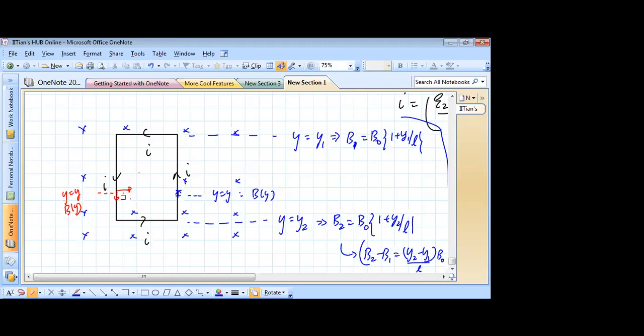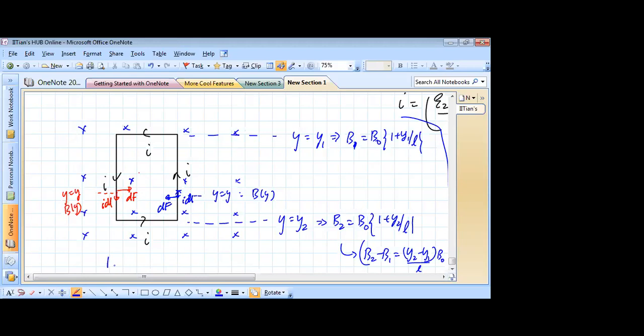Let me write this more properly. This force element acting on this I dL and this force element acting on this I dL cancel each other.